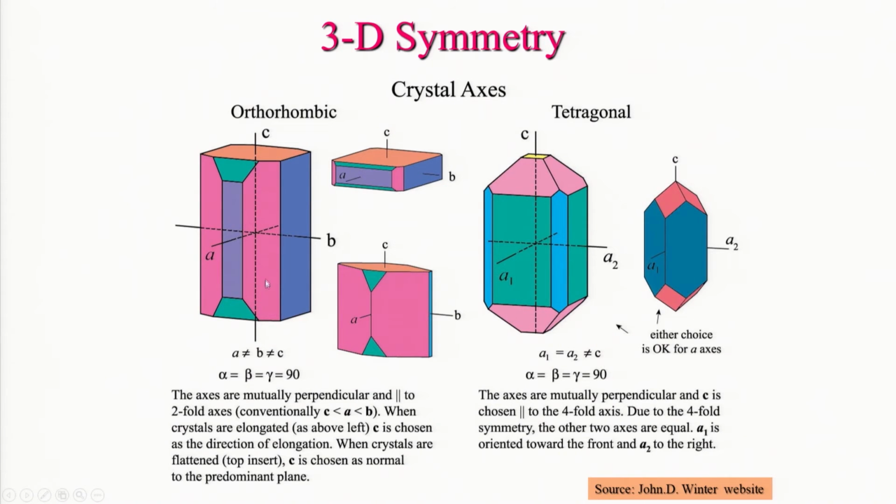And you have already seen, for 2 over m, 2 over m, 2 over m, all these crystal faces, this one and this one, will be a mirror plane here. So, you can think of this orthorhombic crystal system in different ways.